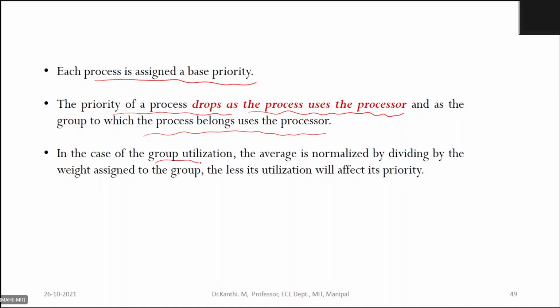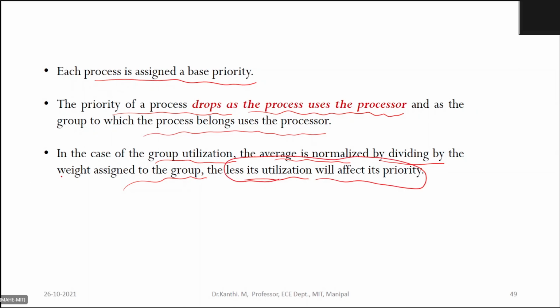In the case of group utilization, the average is normalized by dividing by the weight assigned to the group. So you are normalizing it by dividing by the weight.